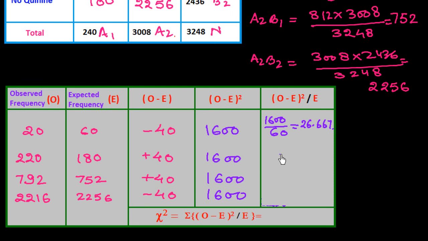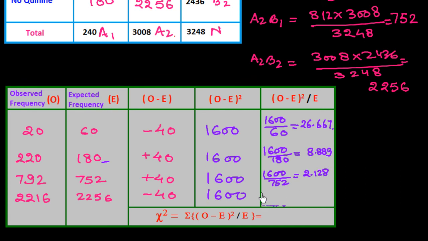In the second, 1600 divided by expected frequency 180 gives 8.889. Here 1600 divided by 752 gives 2.128.